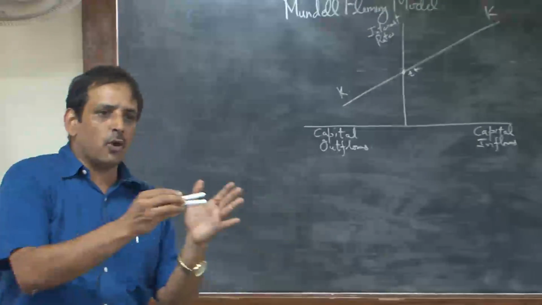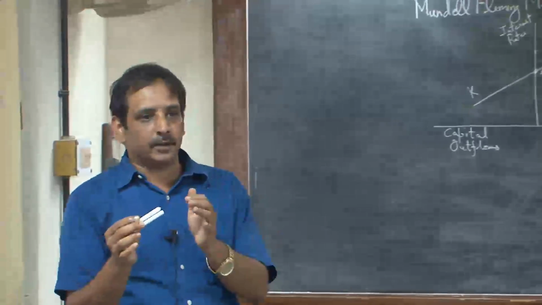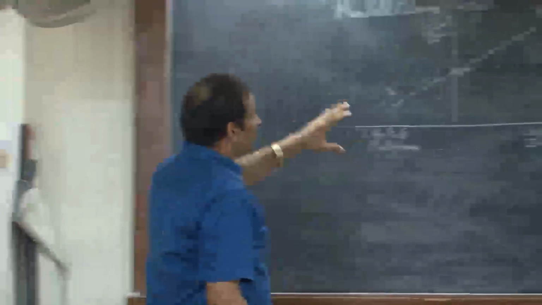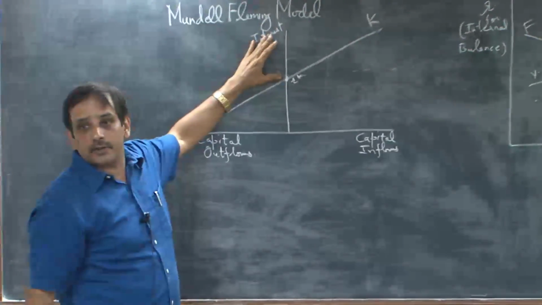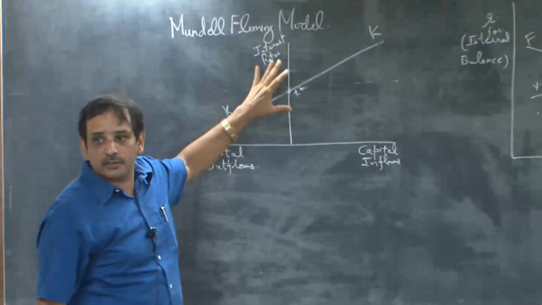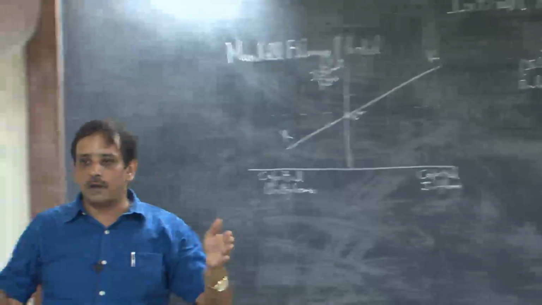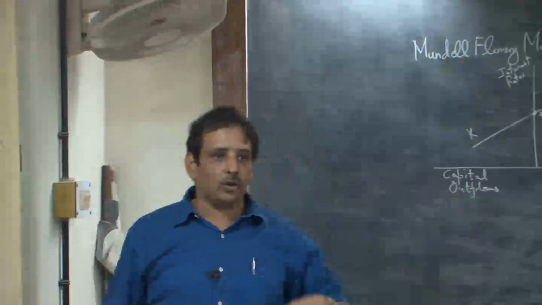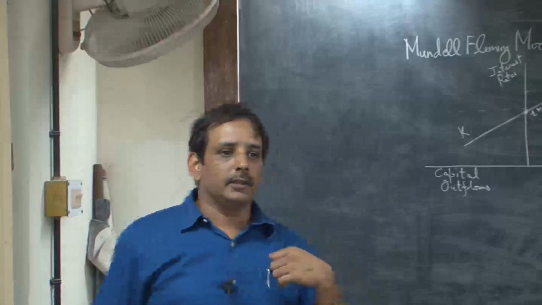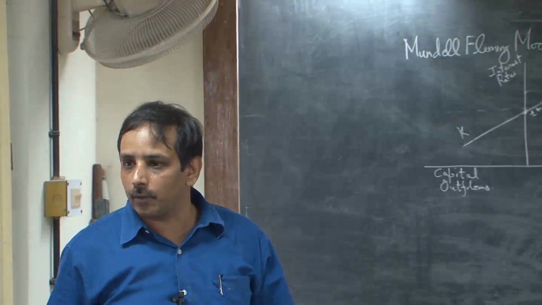So you see a lot of movement of capital taking place. I'm not saying that it's only a function of interest rates. When we discuss more about it, you'll see capital flows are a function of so many things. It's not only the interest rates, but there are other factors which are also important.